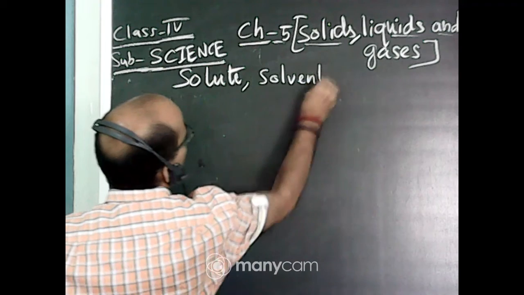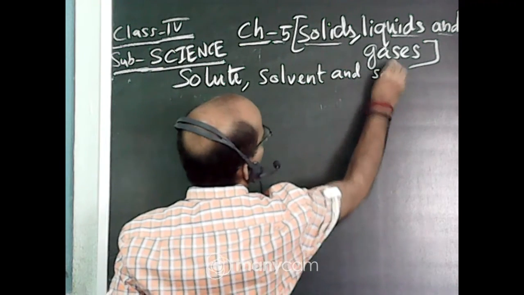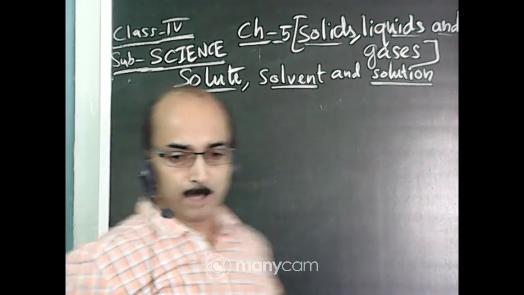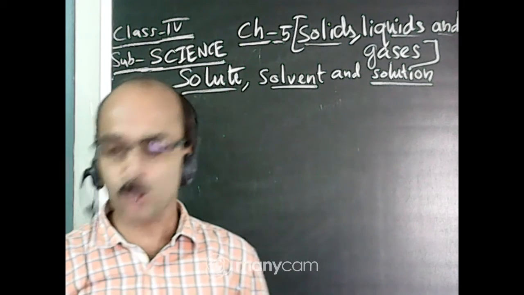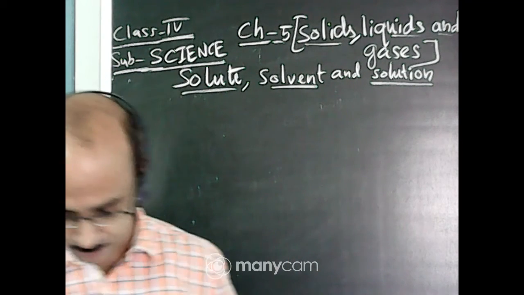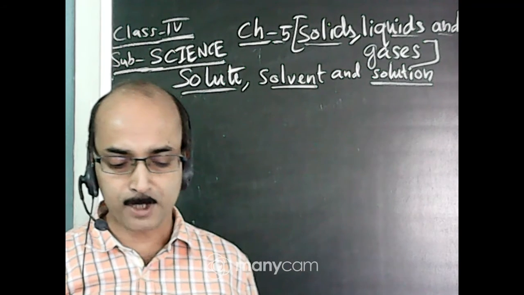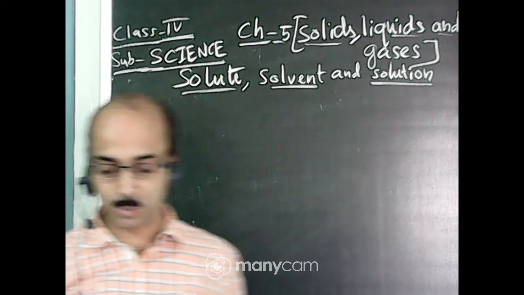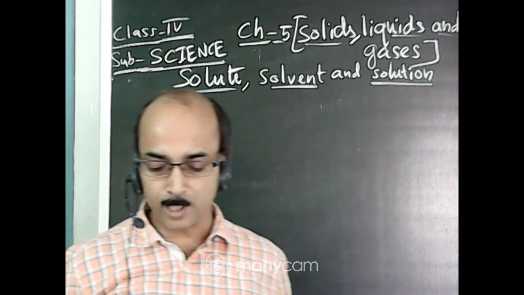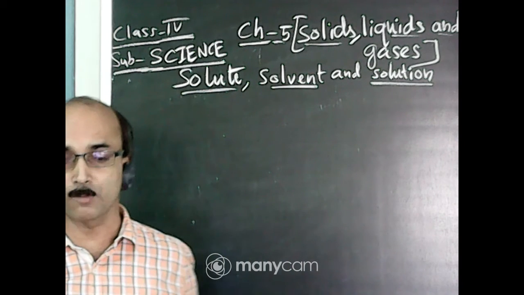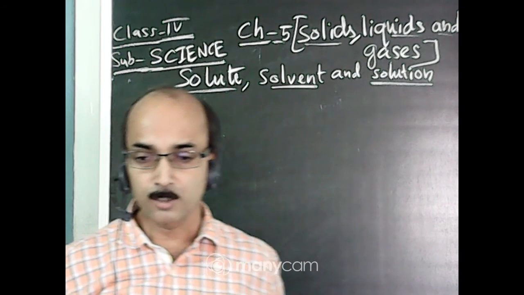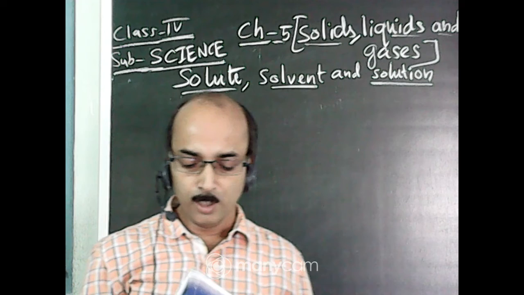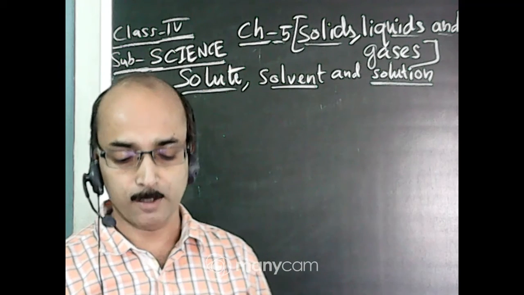A solute is the substance that dissolves in the liquid, for example sugar or salt. The liquid in which a solute dissolves is called the solvent, that is water. And the liquid that we get by dissolving a solute in a solvent is called a solution.